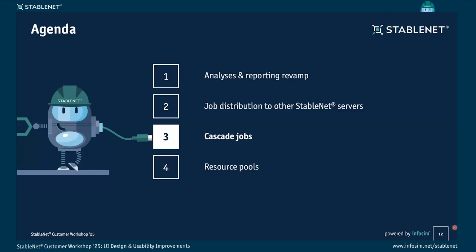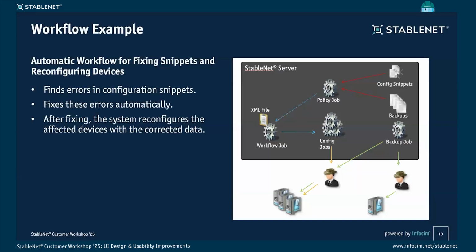I'd like to show you a first draft of how a real customer workflow could be built using our editor. This workflow helps to automatically find and fix errors in configuration snippets. After fixing the errors, the system reconfigures the affected devices with the corrected data. This way, system issues are solved without manual work.